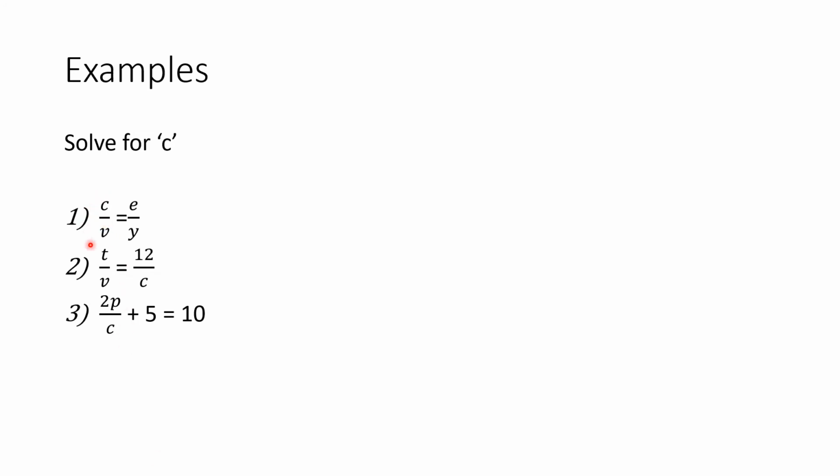Numerator is at the top, denominator is at the bottom. So it must be positive, it must be in the numerator, and last but not least, it must stand alone. It has to be by itself. If it's not by itself, if it's not positive, and if it's not in the numerator, then it's not quite the subject of the formula.